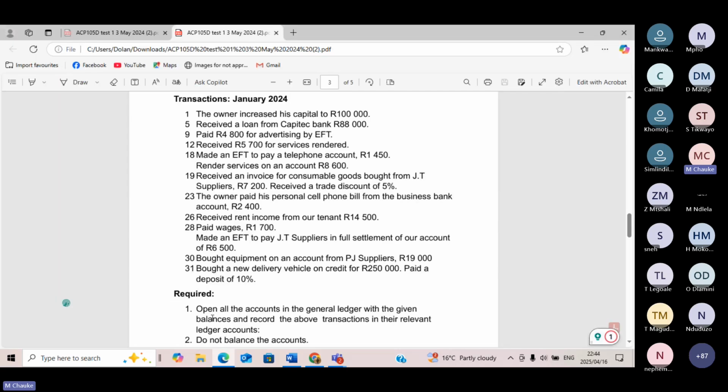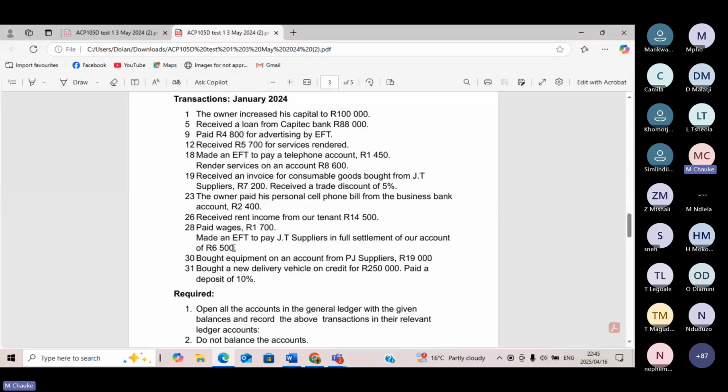They say you made an EFT to pay suppliers in full settlement of our account. So now we received a discount. Why am I saying we received a discount? Remember, these people gave us a discount of 5% and we recorded it. We deducted it.